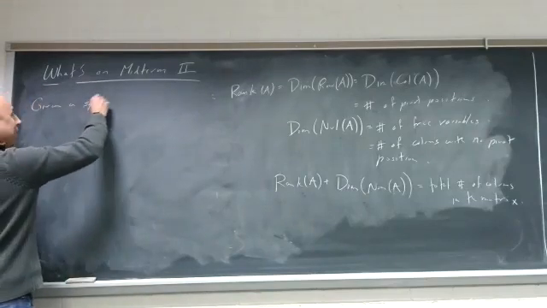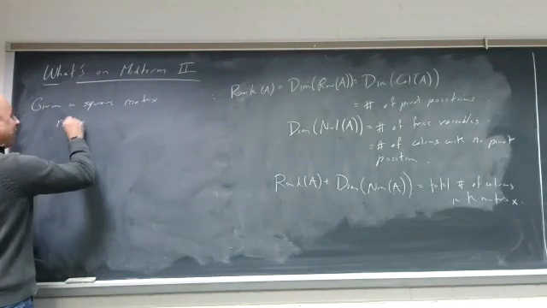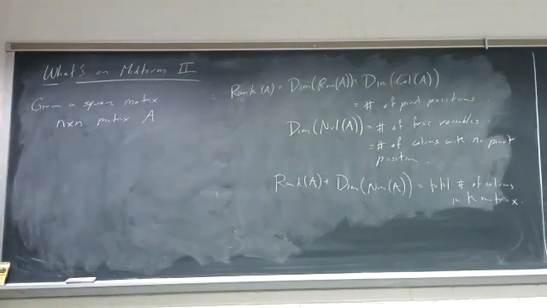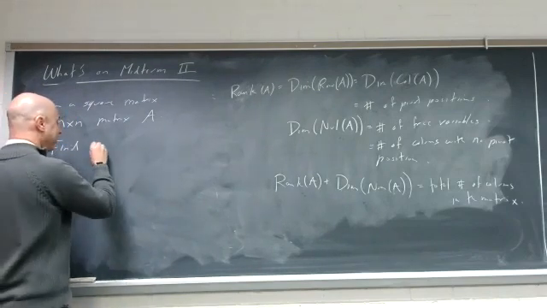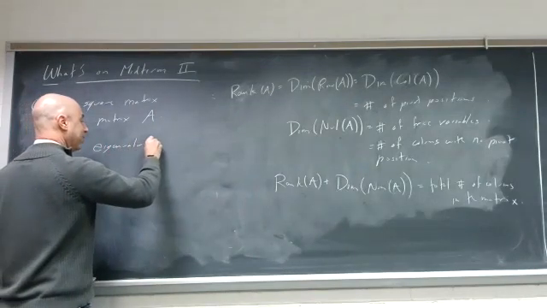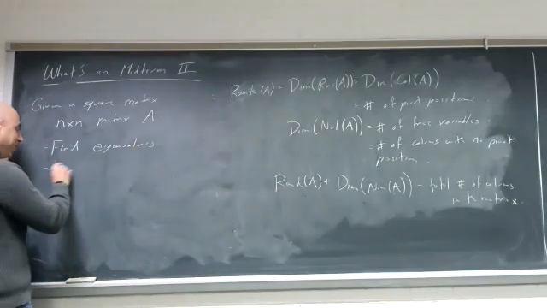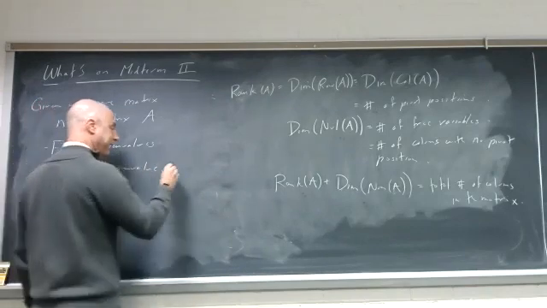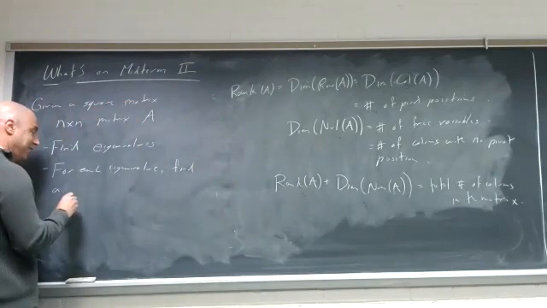Given a square matrix, so an n by n matrix A, be able to find the eigenvalues. For each eigenvalue, be able to find a basis for the eigenspace.